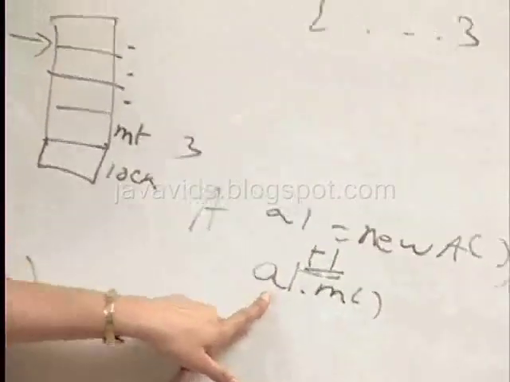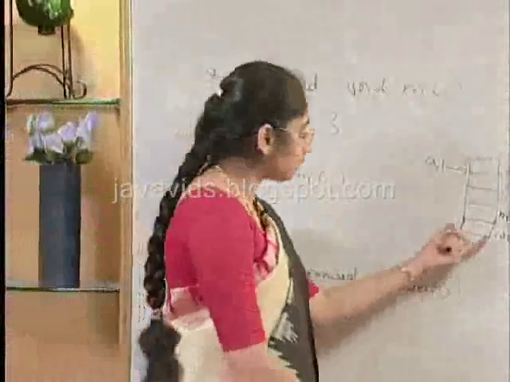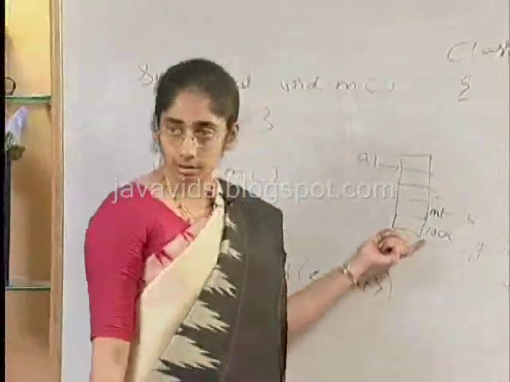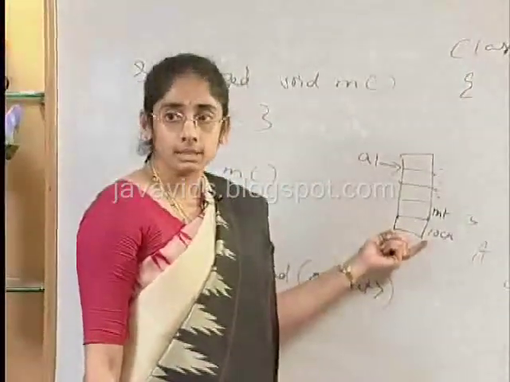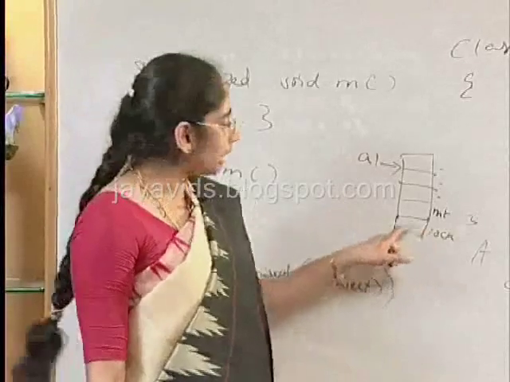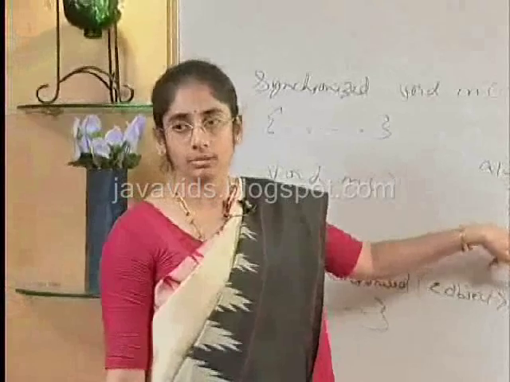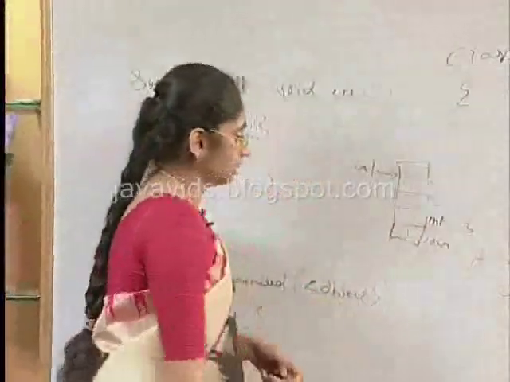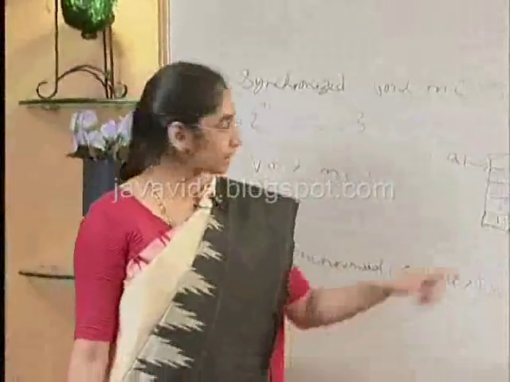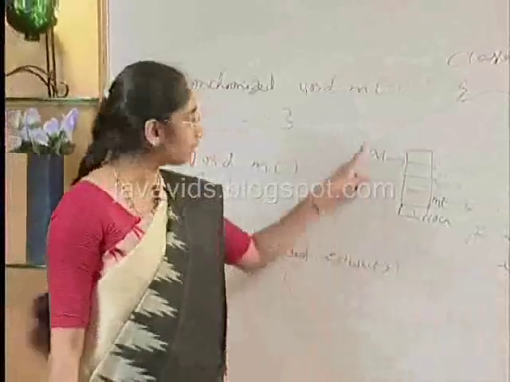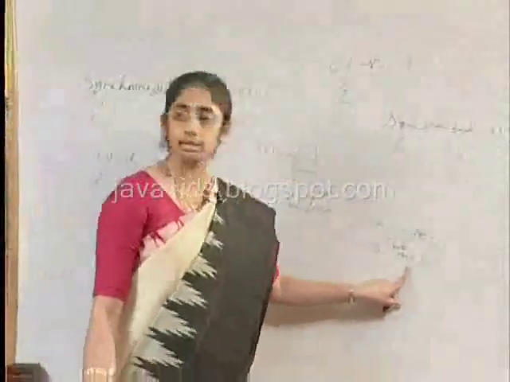So when it says it's placing a lock, now here the information in the lock changes. Now it will be either 1 or 0, 1 for locked, 0 for not locked. So it changes to a lock. So it places a lock on this object A1 because that's the object I used to call this synchronized method.